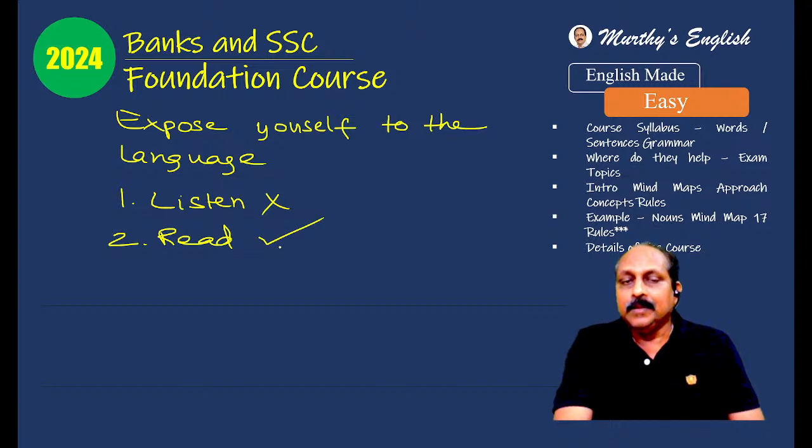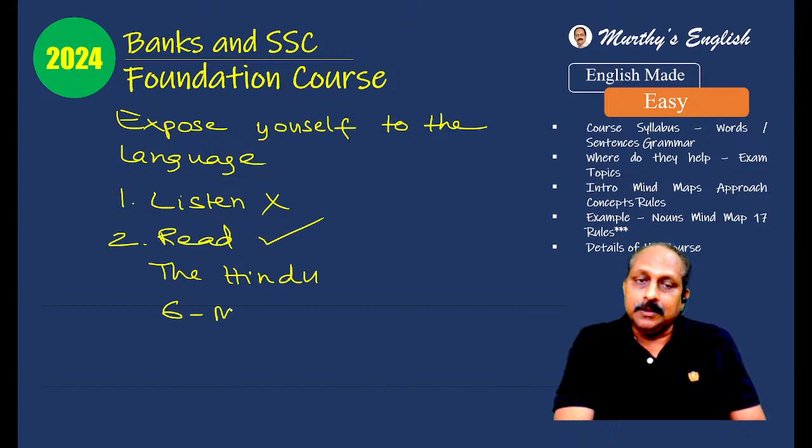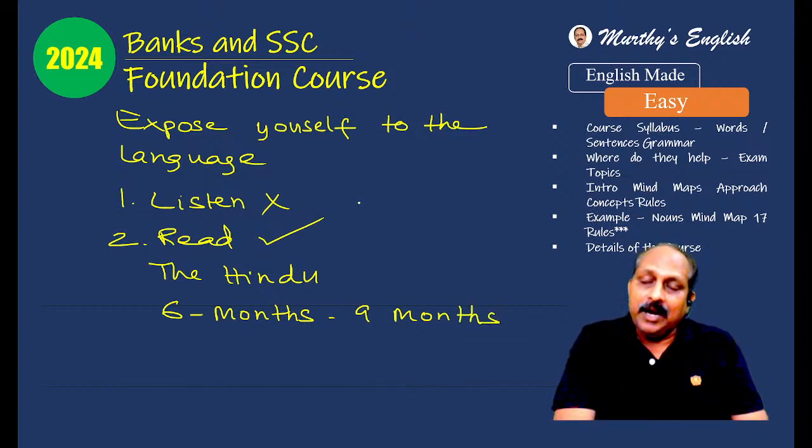This is the only thing you have to do to expose yourself to the language. When you expose yourself to the language, not one day or 2 days, how do you expose yourself? You have to read the Hindu paper for 6 months to 9 months. Then you're exposed to a variety of contexts. You're exposed to effective vocabulary.